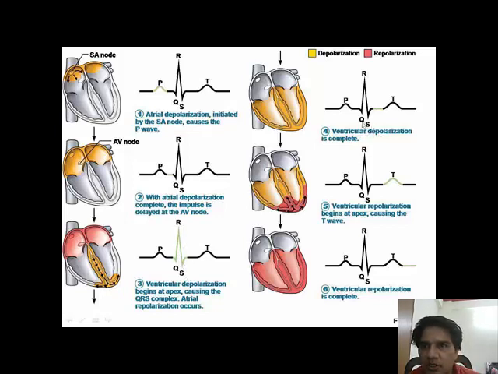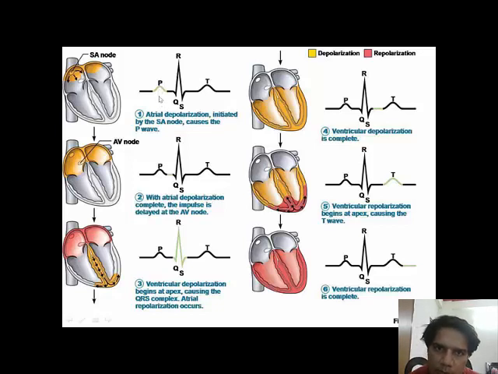Then ventricular depolarization is complete. After that, a phase of repolarization will start briefly. So your ST phase will start, and then repolarization will begin at the apex, causing the T wave. So the T wave denotes repolarization. And finally, when the T gets over, repolarization is complete.